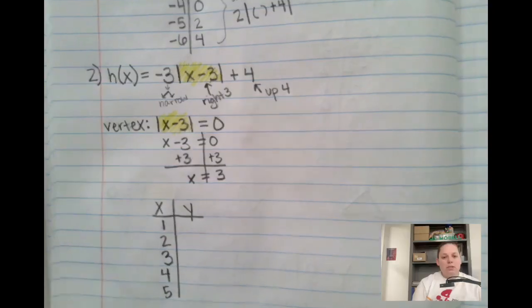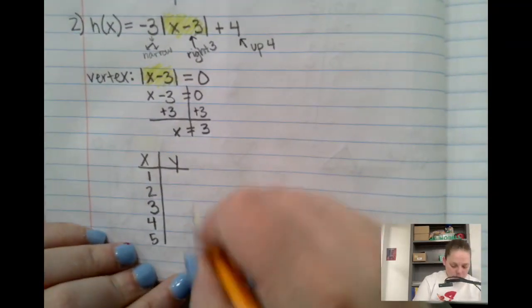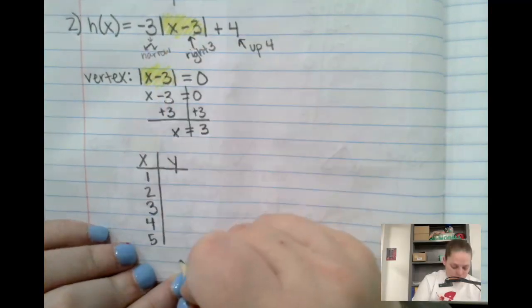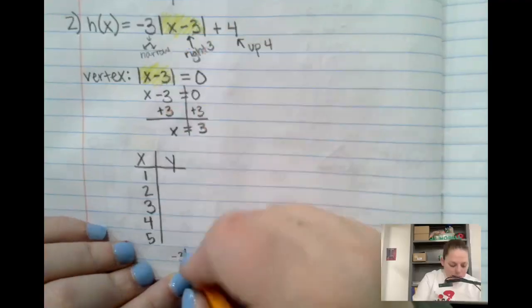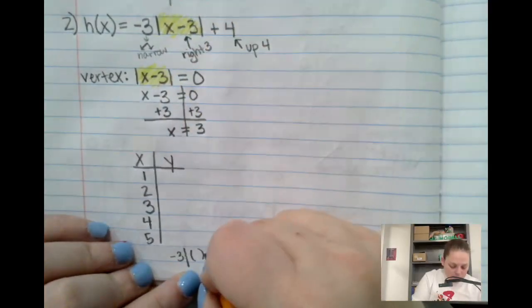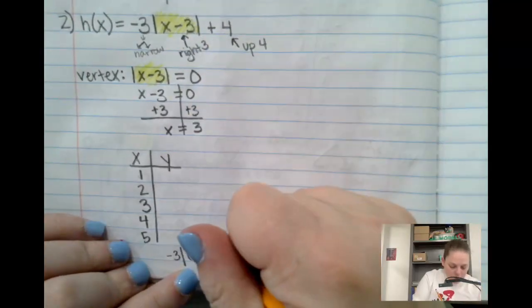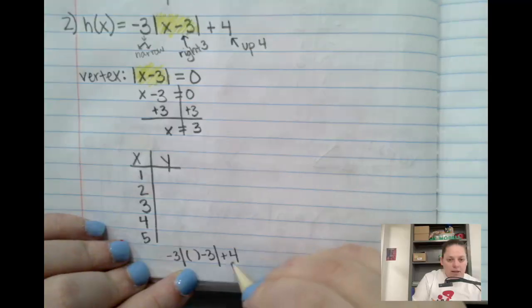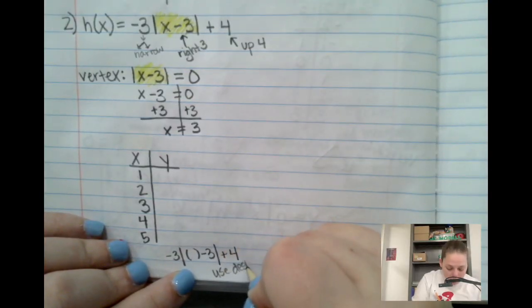So again, we're using Desmos here. In Desmos, I'm going to write it underneath here. We're doing -3, absolute value, and then x, I'm going to do my parentheses, -3, absolute value, plus 4. Really important that plus 4 is on the outside.